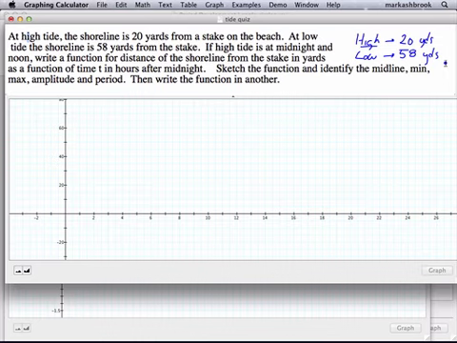I would suggest start by getting a rough sketch of the graph, and then from that rough sketch, build your function. So sketch the function roughly. The midline would be directly in the middle between those two. So first sketch, rough, and then from the key parts of your sketch, write the function.